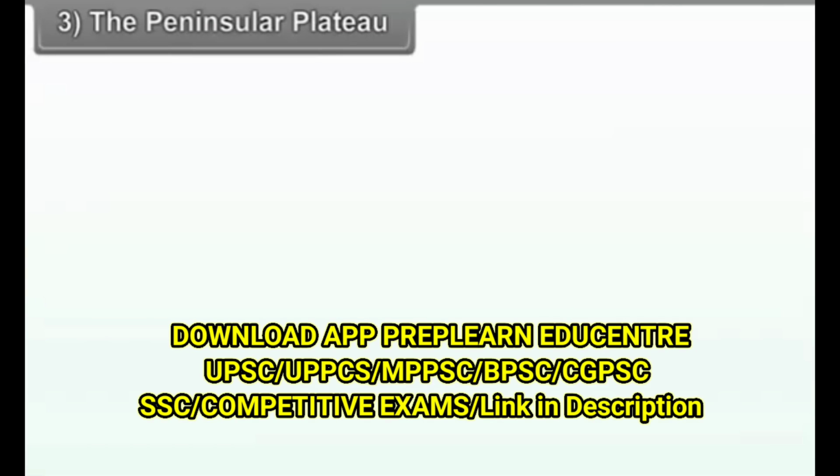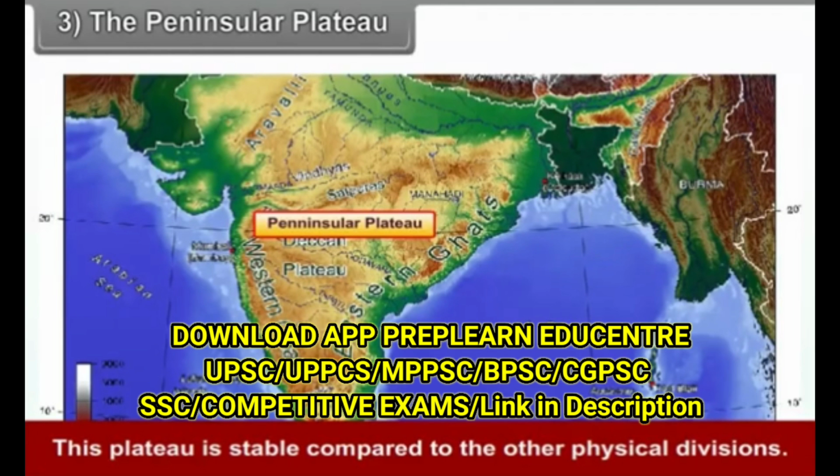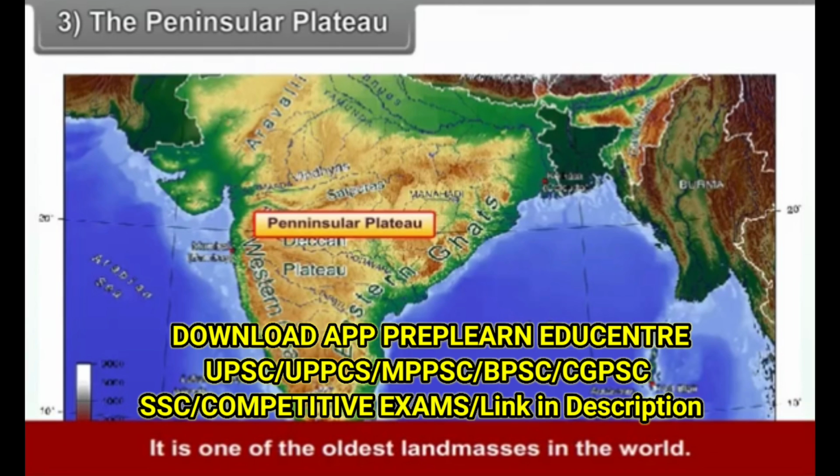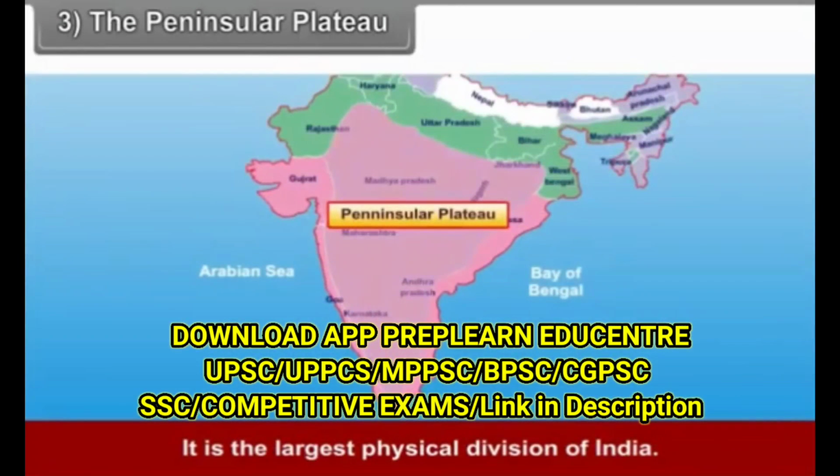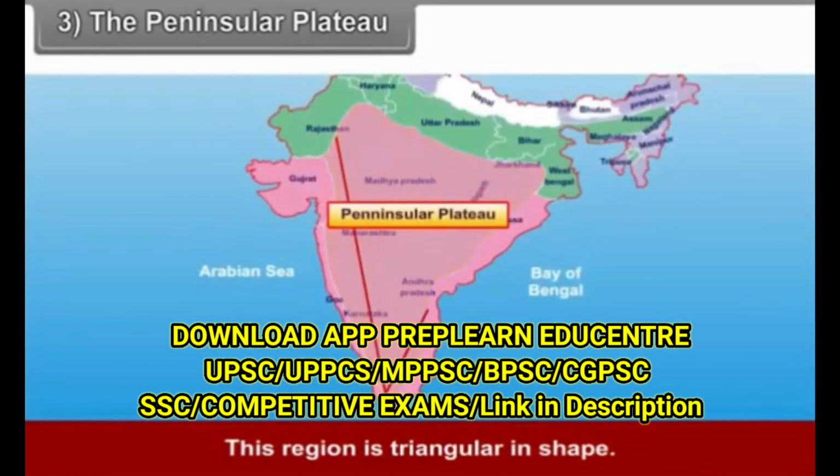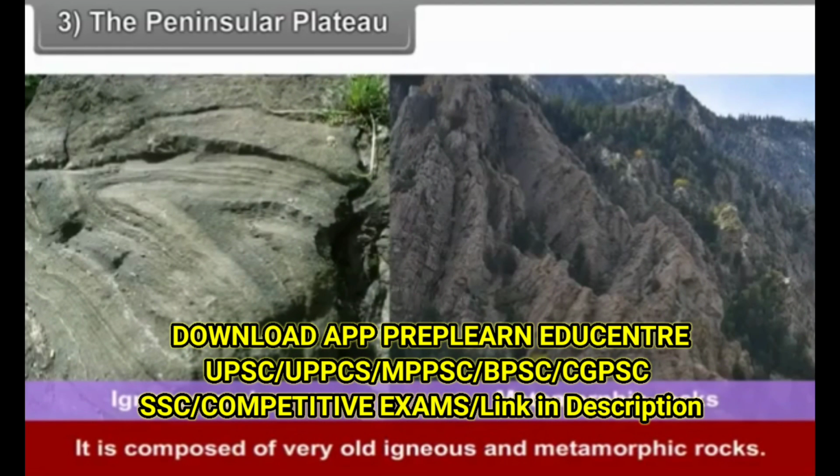3. The Peninsula Plateau. This plateau is stable compared to the other physical divisions. It is one of the oldest land masses in the world. It is the largest physical division of India. This region is triangular in shape. It is composed of very old igneous and metamorphic rocks.